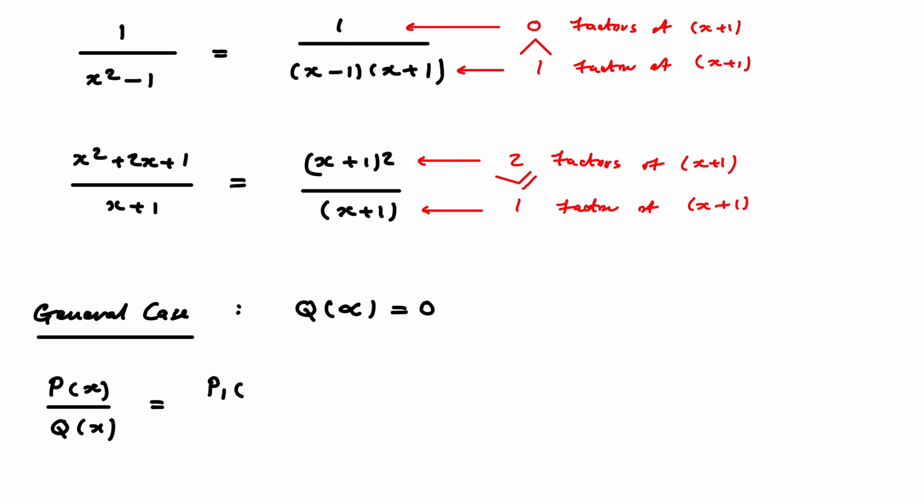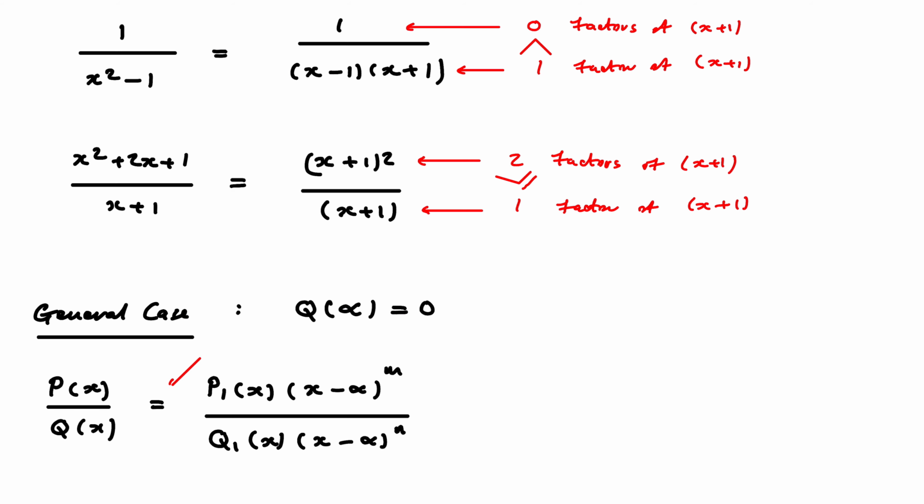So write it as p1 of x times x minus alpha to the power m on top, divided by q1 of x times x minus alpha to the n on the bottom. What we're doing here is factoring out x minus alpha as much as possible.